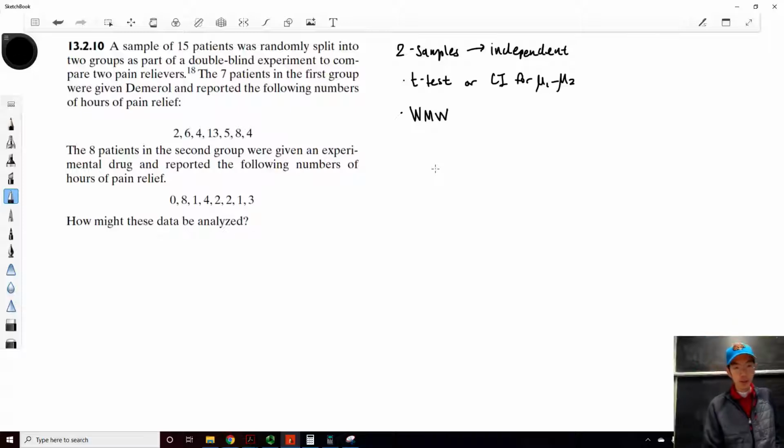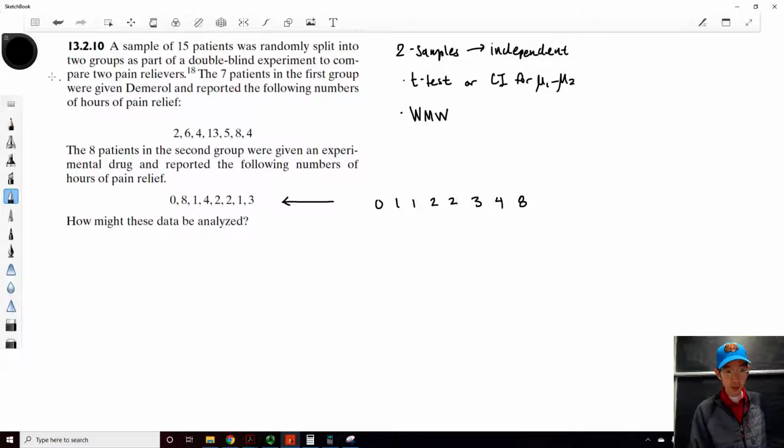So if we look at this data set, you remember how we can detect outliers? I'm going to arrange these from least to greatest. So I've got 0, 1, 1, 2, 2, 3, 4, and 8, right? And we got 8 patients, 1, 2, 3, 4, 5, 6, 7, 8.